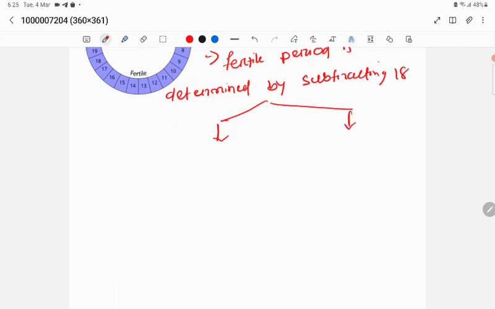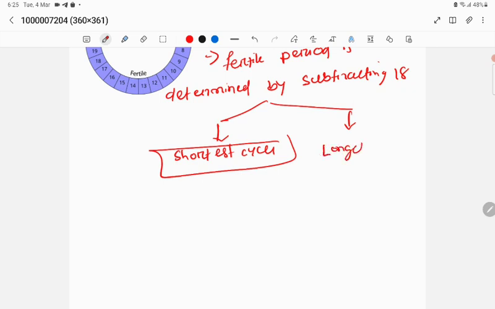If it is the shortest cycle, you have to subtract 18 days.